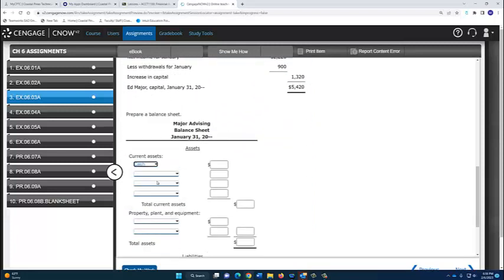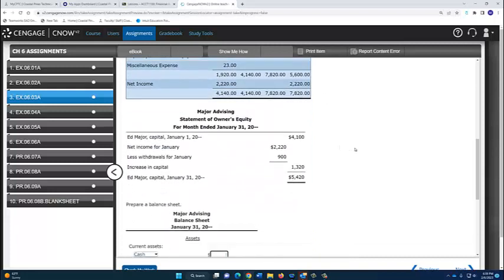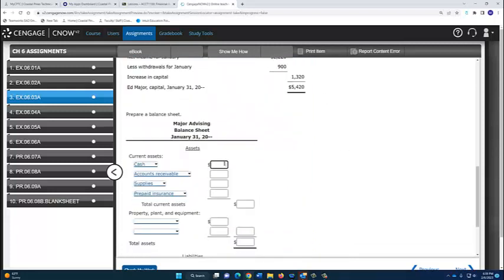And according to the worksheet, in the balance sheet column, I'm going to take these figures and bring them down to the balance sheet.